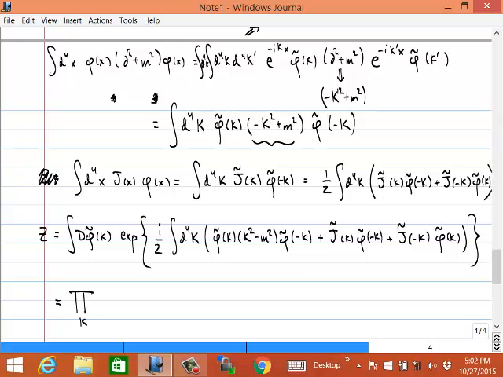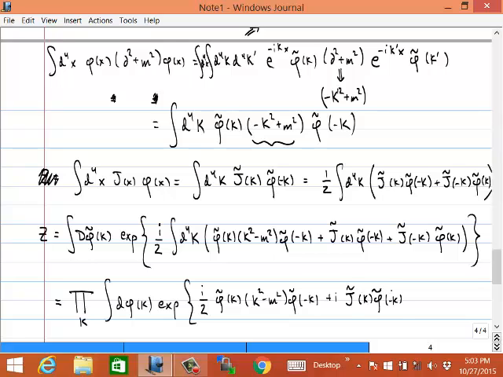This is just the product over all the different momentum modes of a bunch of one-dimensional integrals. So what do you have? You have the exponential, just rewriting this, of a one-dimensional integral, just rewriting what we had here. Sorry, there was no i there.